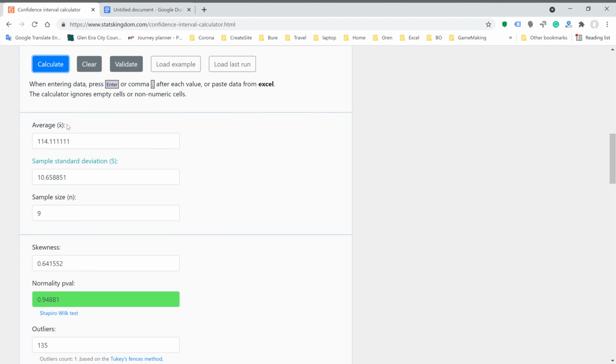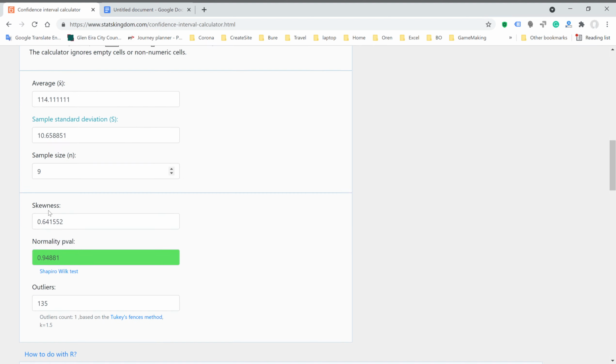Now what we're going to get is the following. First of all, we'll get some sample statistics. So this is handy if we don't want to calculate the average ourselves. We can just put the data in and get the average, the sample standard deviation, and the sample size automatically.